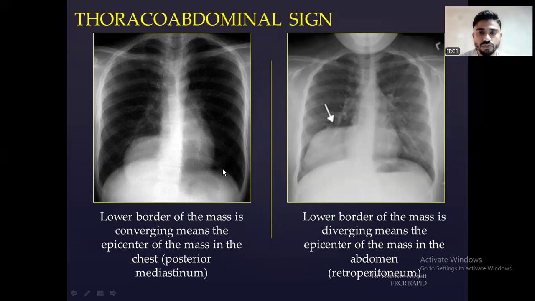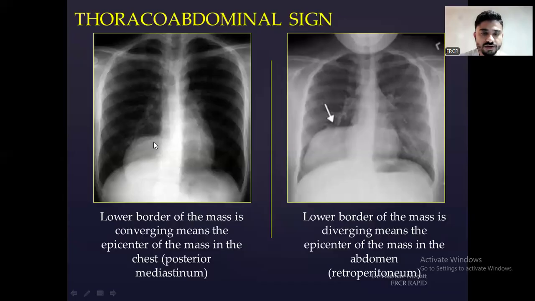So how can you tell that this is an abdominal mass extending into the chest and not a chest mass extending into the abdomen? You need to see whether the lower borders are converging towards the abdomen or diverging towards the abdomen. Like in this case, the lower border of the mass is converging towards the abdomen.